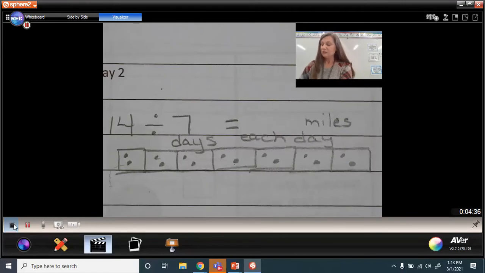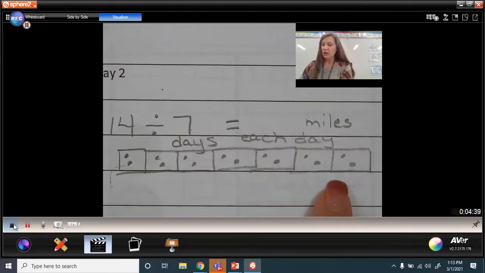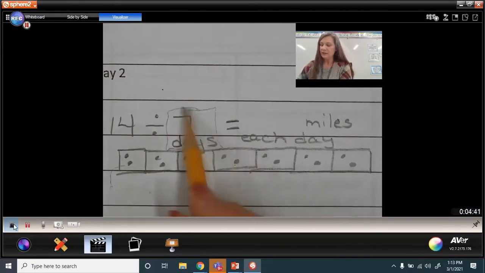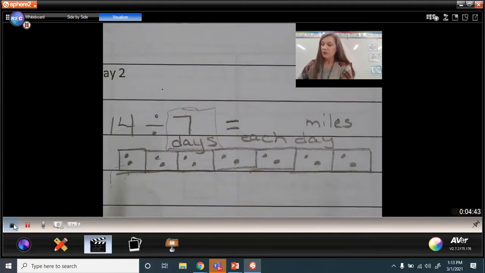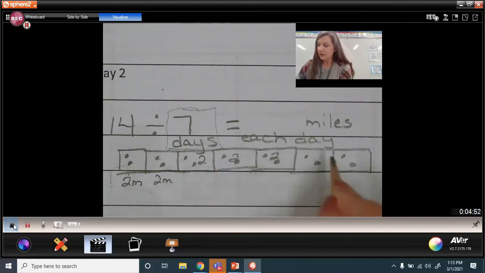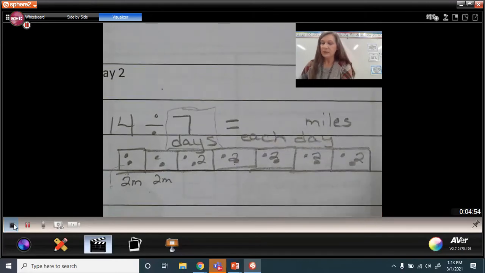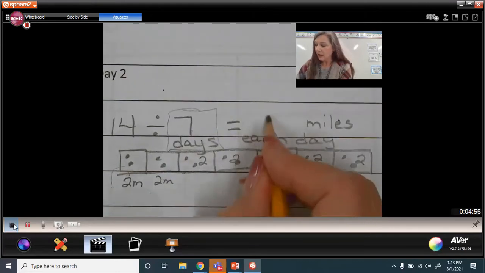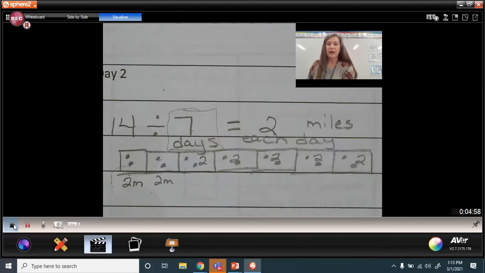So I'm going to have 2 miles each day. I could put a 2 in here, since each one of those represents 2 of my miles, and I'm going to put that as my quotient. Remember, that's called your quotient. Everybody say quotient.